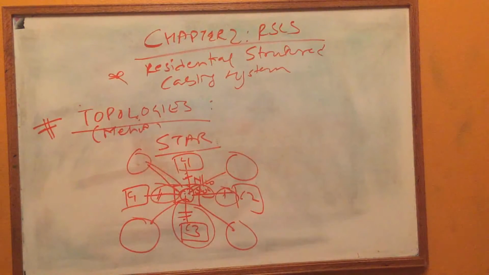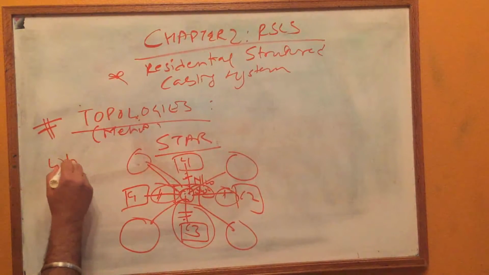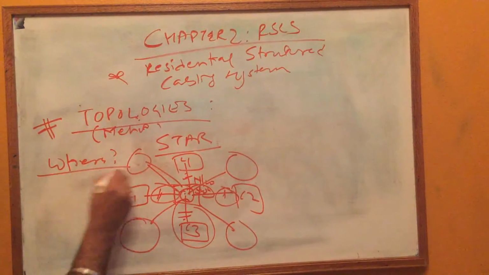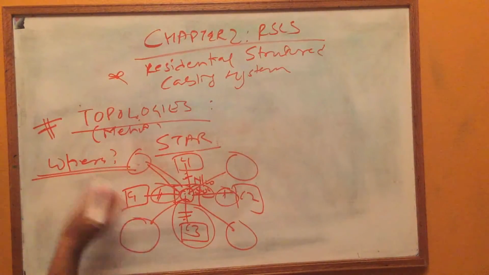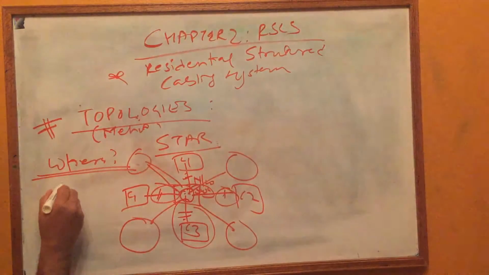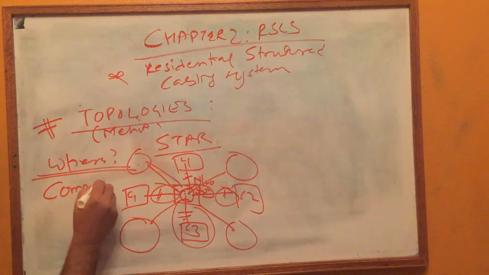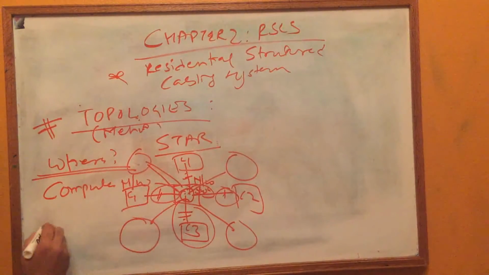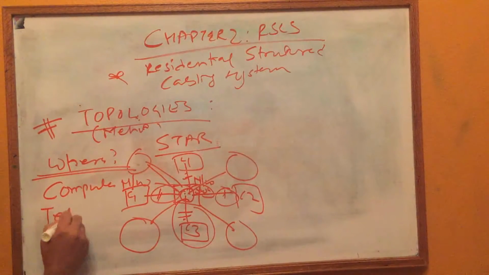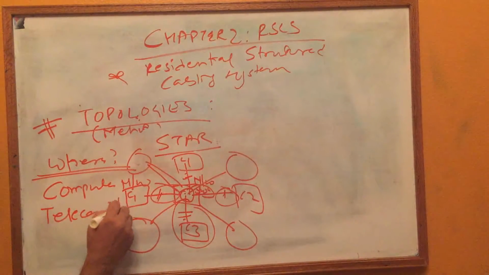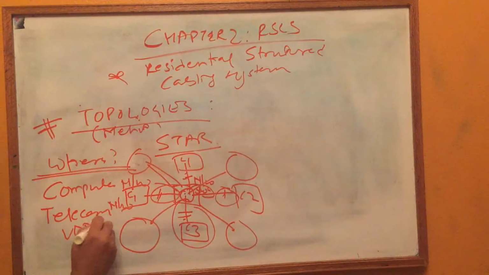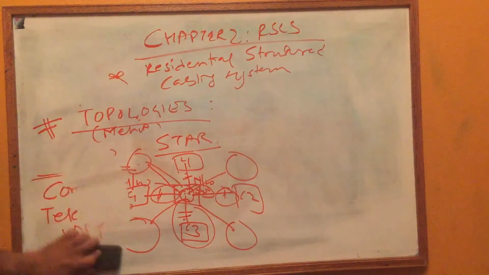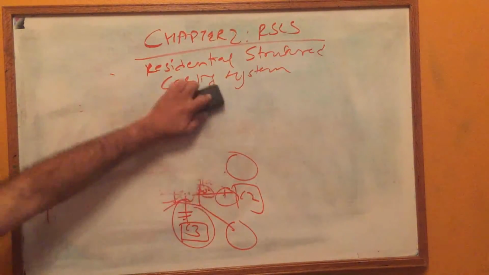Star topologies, where are they used? They are used in modern day infrastructures, computer infrastructures or computer networks, and also telecom networks, especially when we use voice over IP. Okay, I will cover more of this in the coming topics.